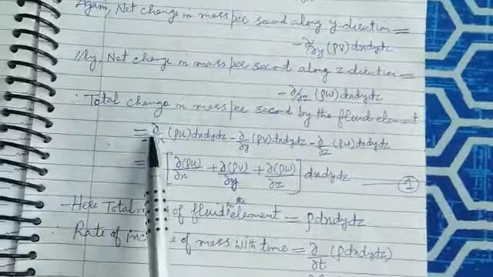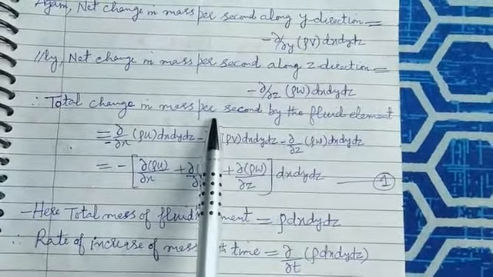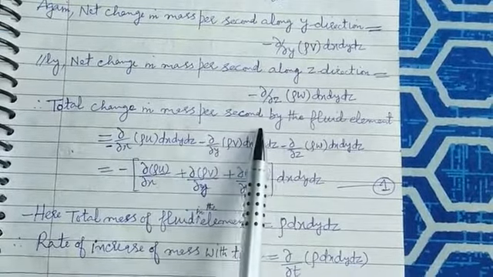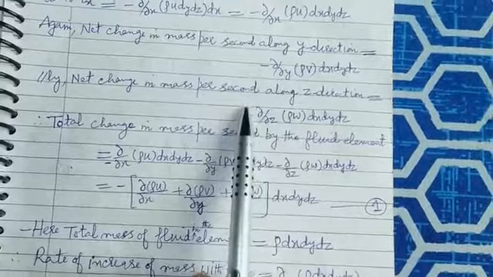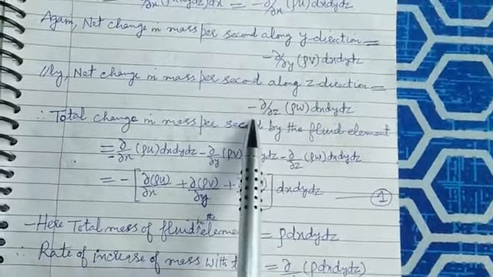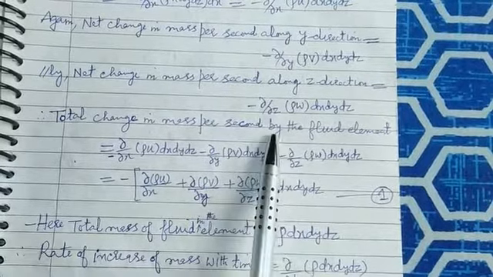Now what will be the total change in mass per second by the fluid element? We can add all these terms. When we add all these terms, that gives the net change in mass per second by the fluid element along the three respective directions.